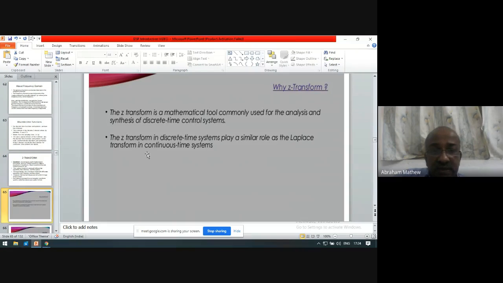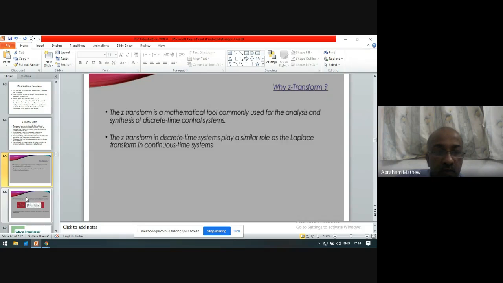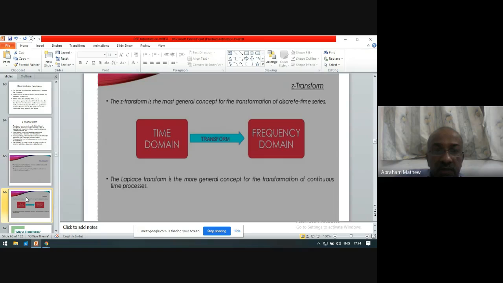This Z transform is a mathematical tool that is commonly used for the analysis and synthesis of discrete time control systems. Using this Z transform, we are able to transform a time domain signal into a frequency domain signal.